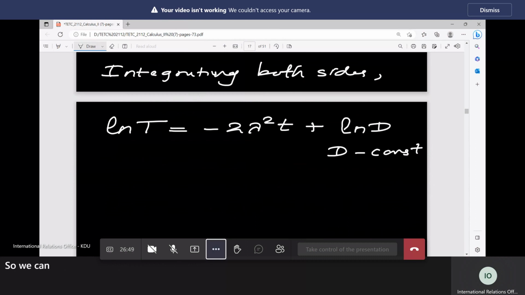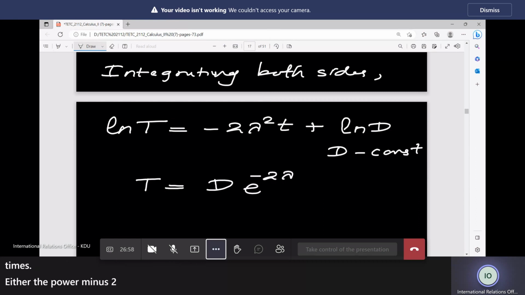So we can write capital T equals d times e to the power minus 2 lambda squared t.